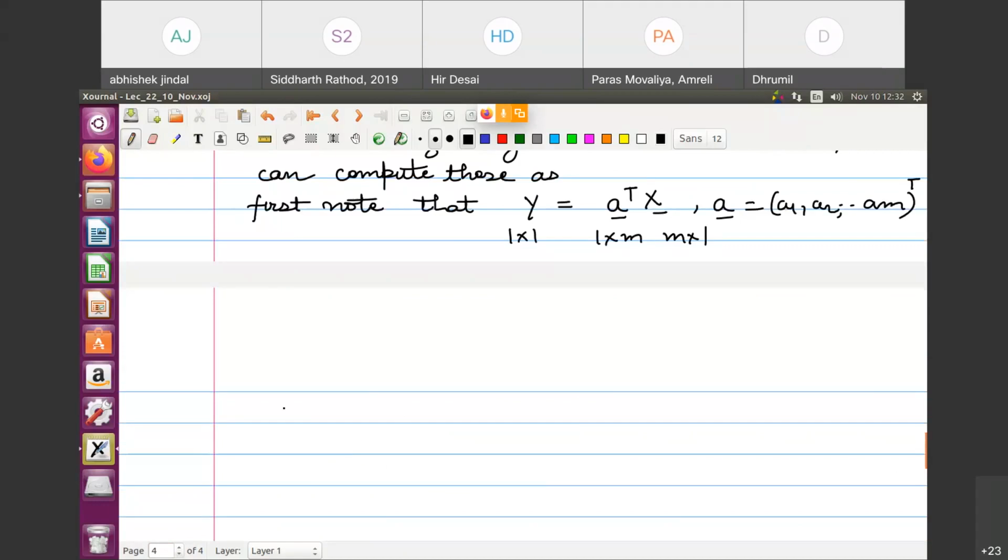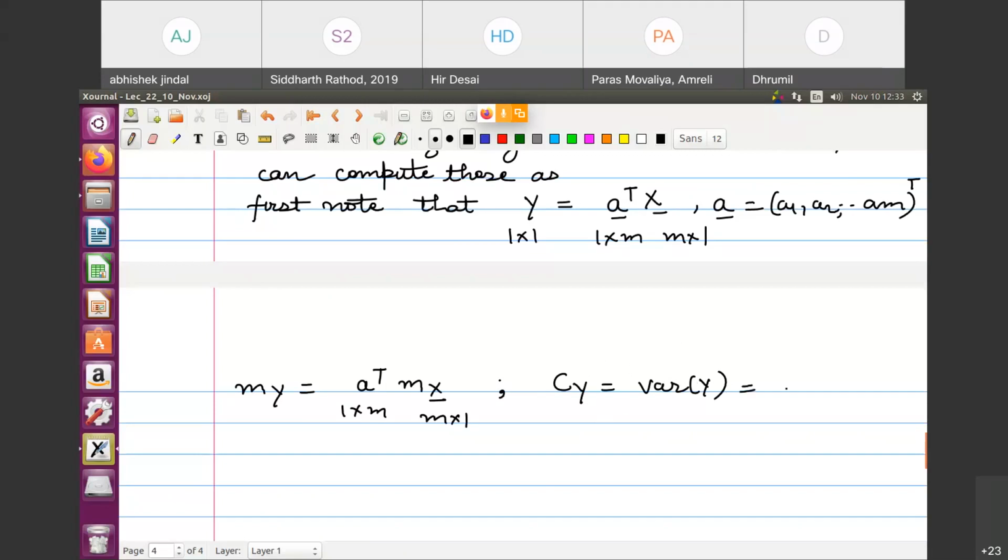What is m of y? M of y is nothing but A transpose m of x bar, which is 1 cross m times m cross 1. And what is C of y, the covariance of y? Covariance of any random variable with itself is simply its variance.